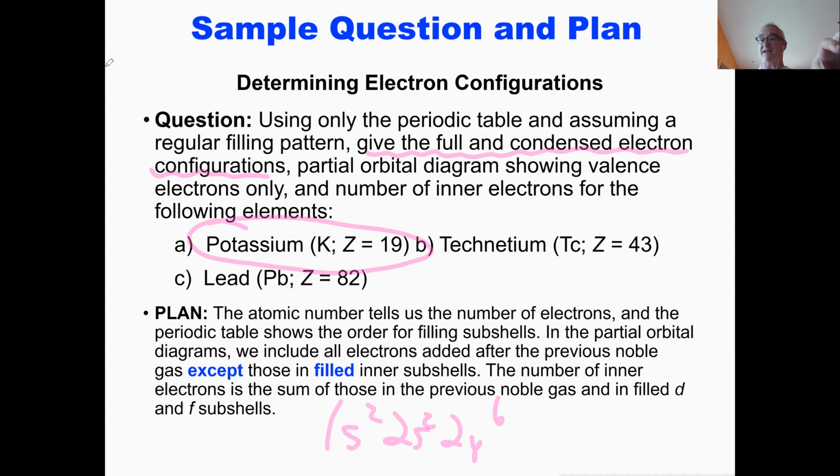So for instance, with potassium, how did you get to argon 4s1? First, using the noble gas. Which noble gas? The noble gas before it. Yeah, that's the key. The noble gas before it plus the outer shell electrons after that.